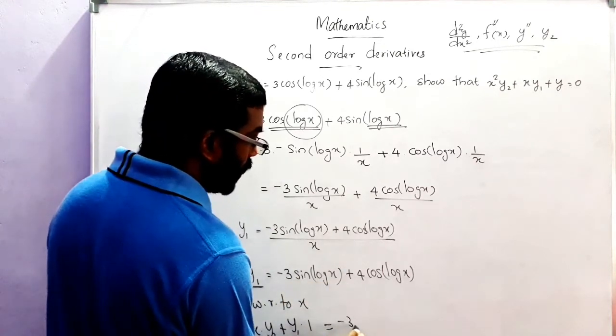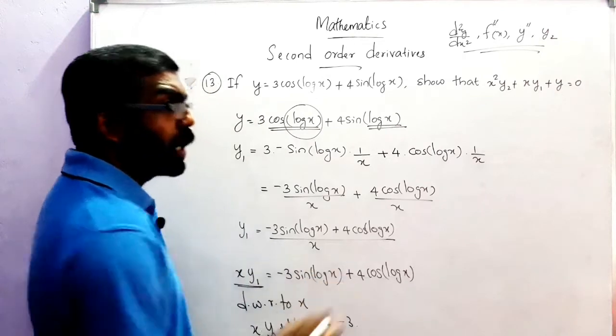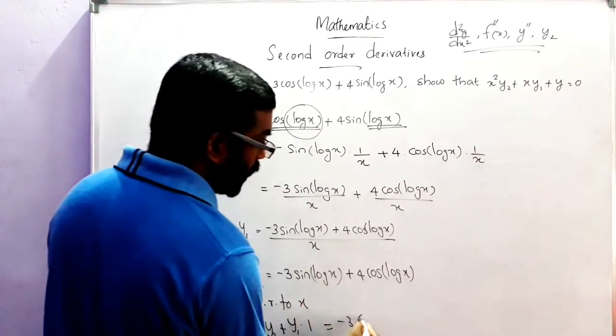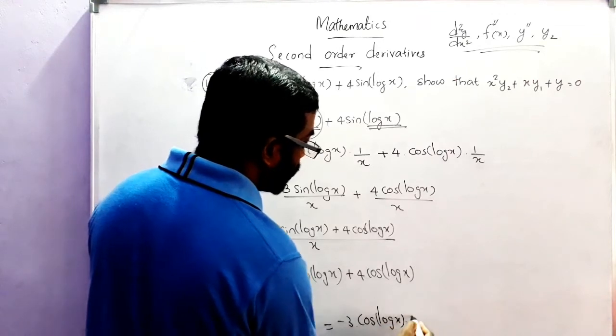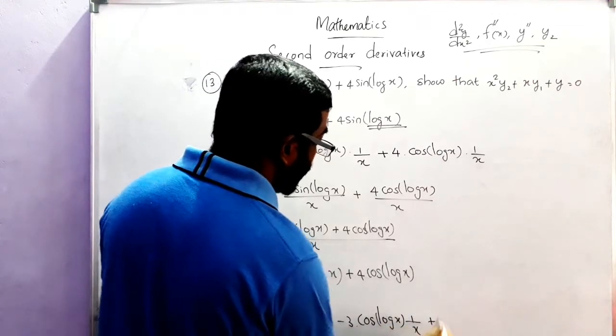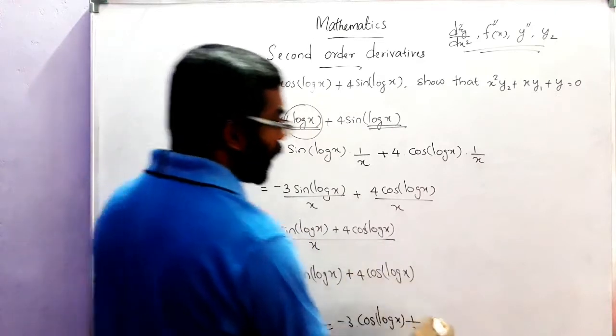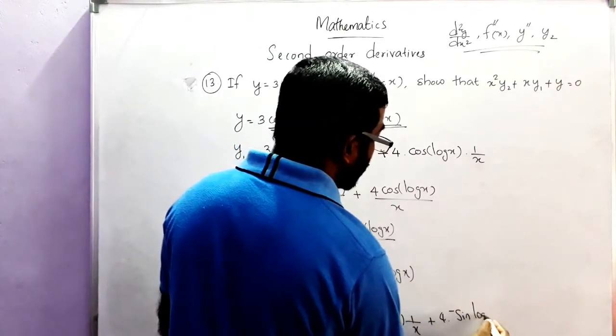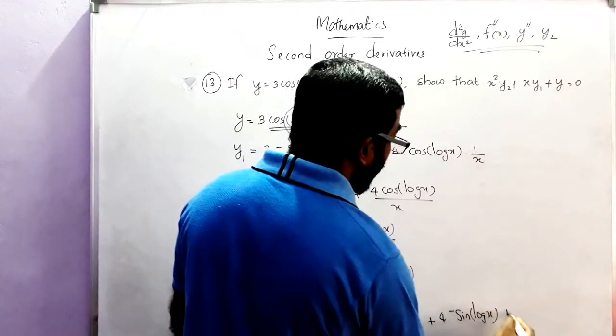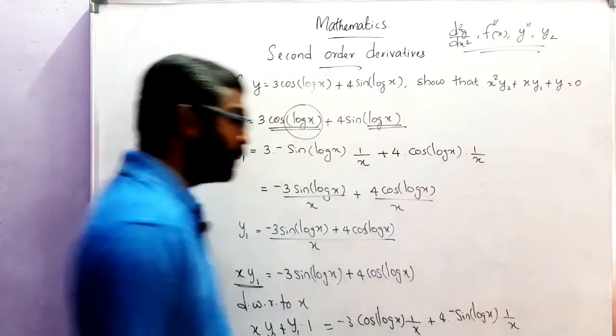Which is equal to minus 3 into sin log x. The derivative of sin x is cos x, so cos of log x into 1 by x. Then plus 4 cos log x, so 4 into minus sin log x into the derivative of log x, 1 by x.